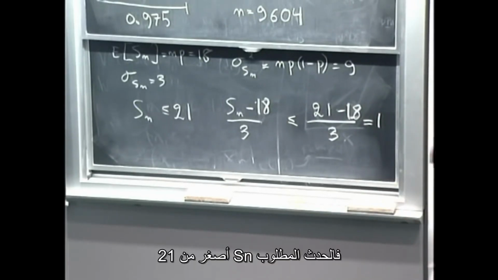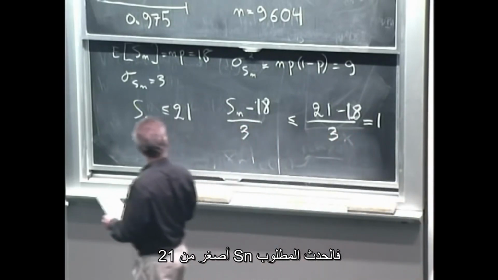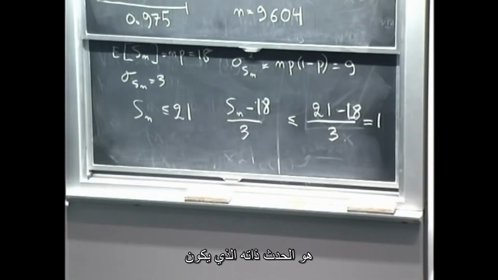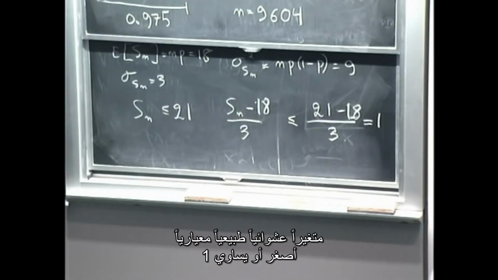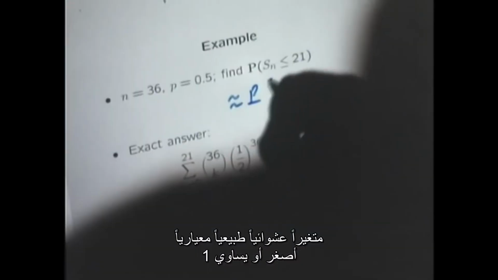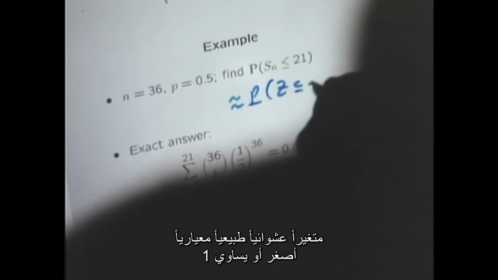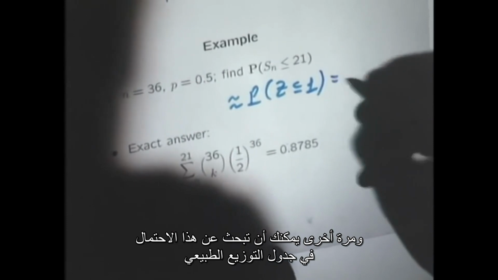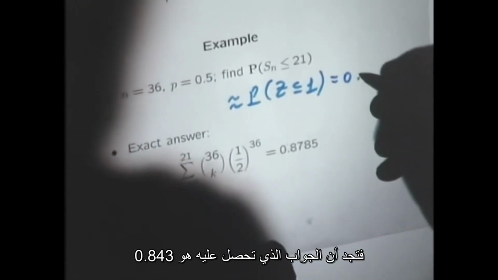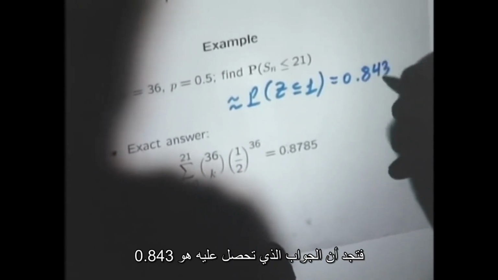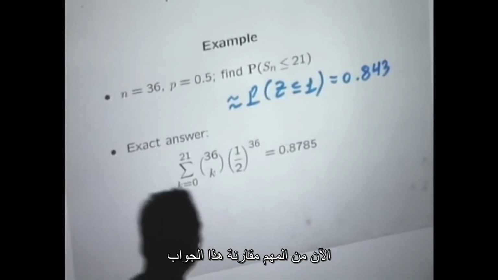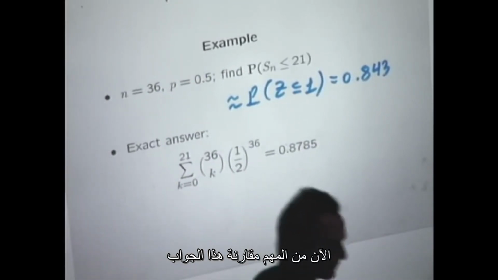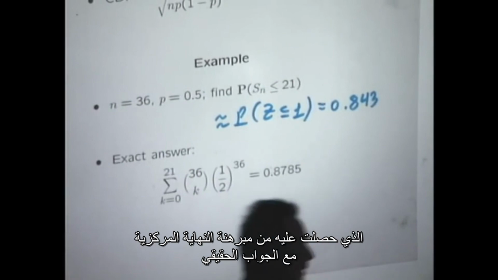So the event of interest, that Sn is less than or equal to 21, is the same as the event that a standard normal random variable is less than or equal to 1. And once more, you can look this up in the normal tables, and you find that the answer that you get is 0.43.